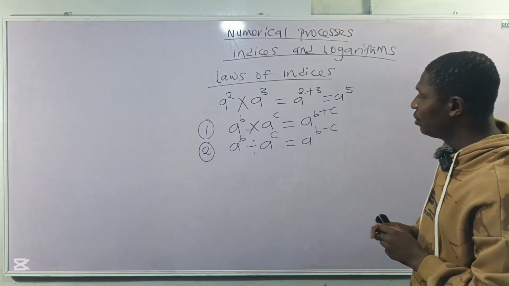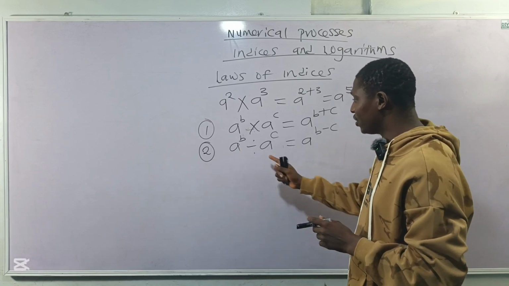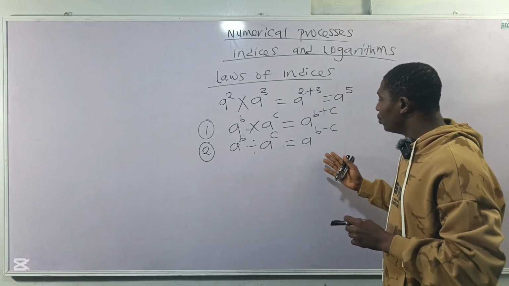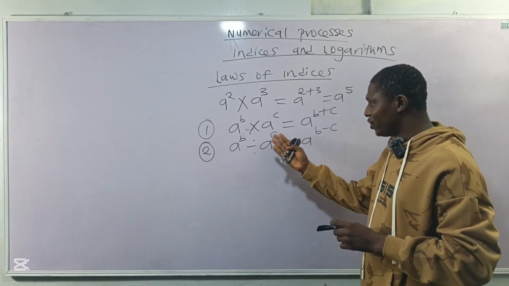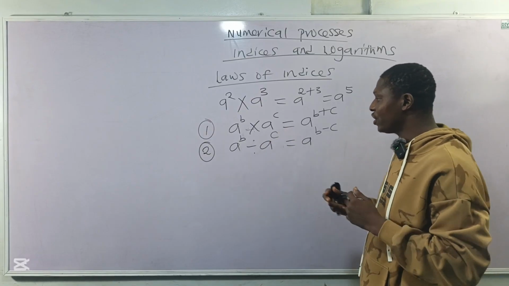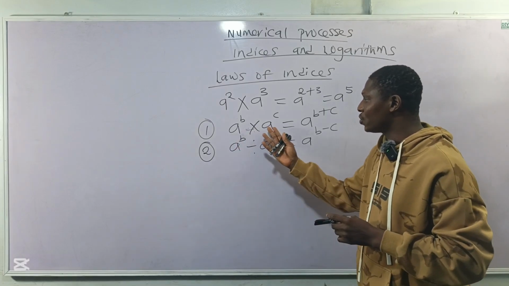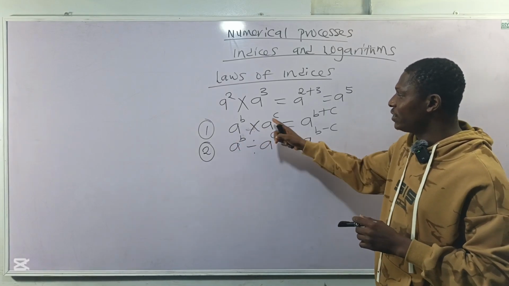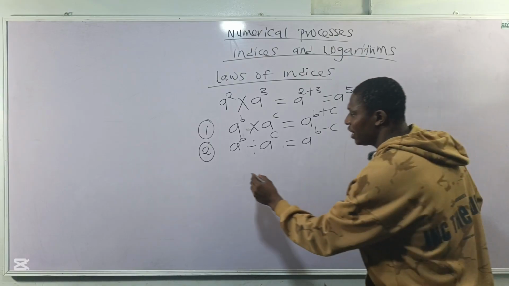That's to say, when two indices of the same base are to be divided, you take one of the two bases, you subtract the second power from the first power, whereby a is the base and b, c are the powers.